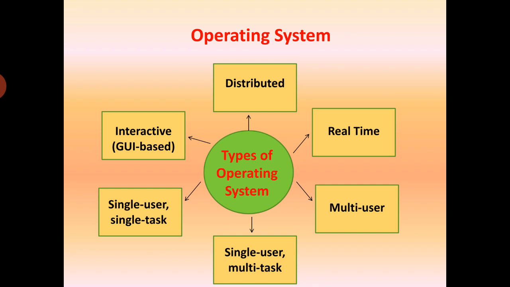It manages the resources of the computer so that any particular operation is executed in the same amount of time every time it is executed. Windows CE is an example of a real-time operating system.